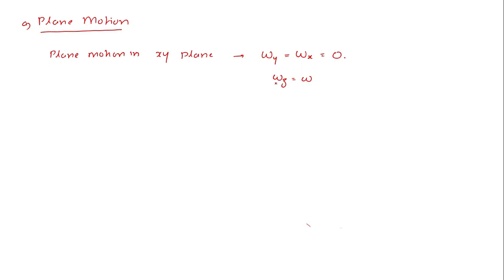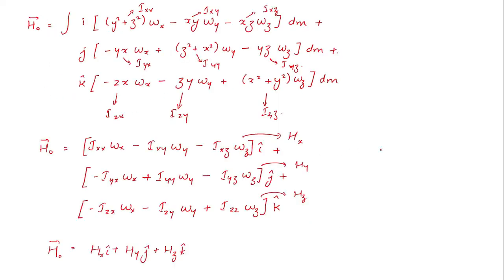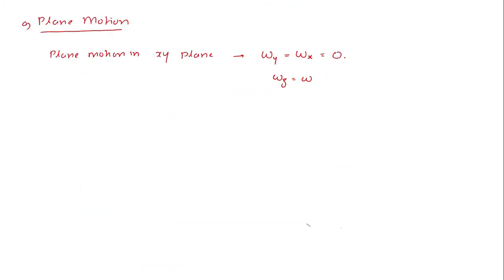I will represent omega z as simply omega. So the equation which we had derived earlier will be reduced. So as such I will have Hx as minus omega into Ixz, Hy is equal to minus omega into Iyz, and Hz is equal to omega into Izz. Omega as such is omega z.